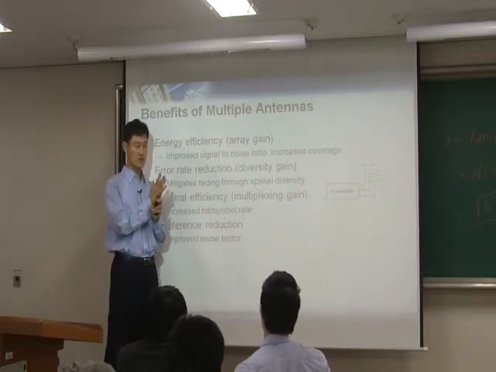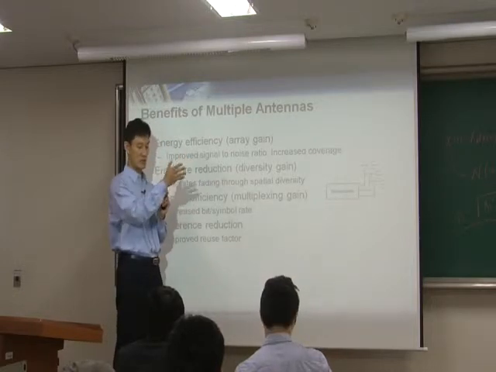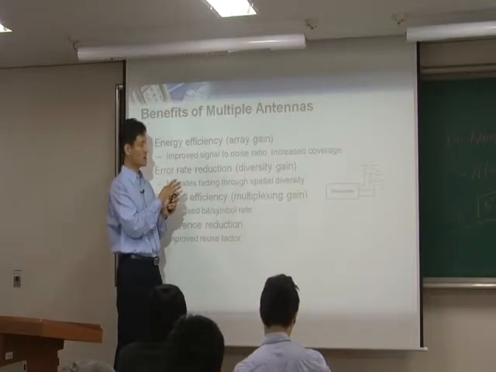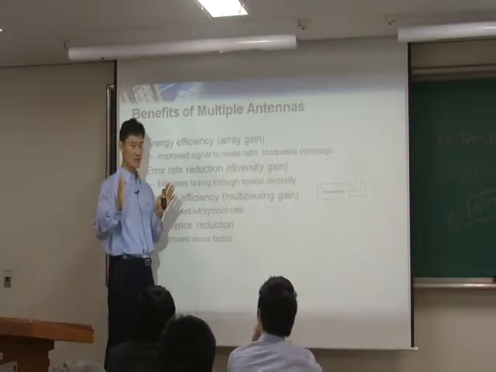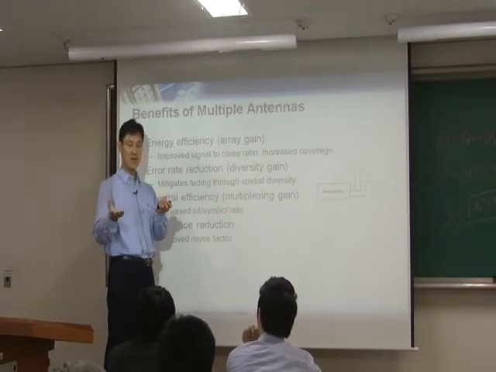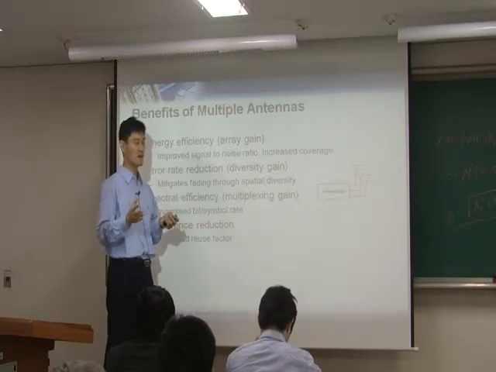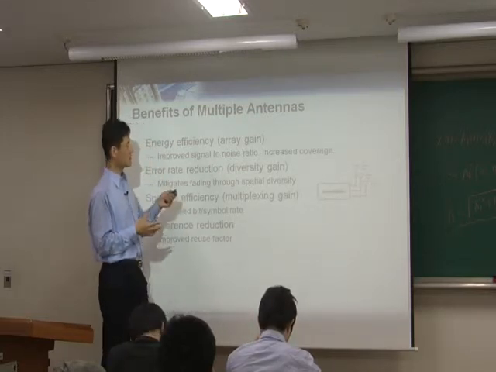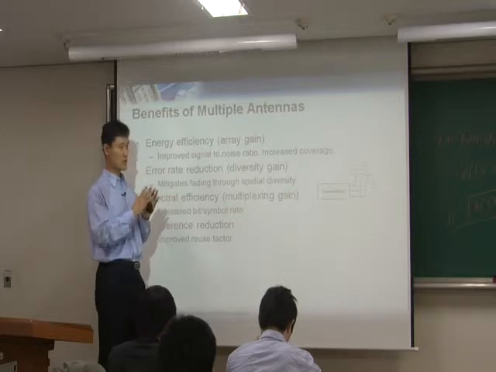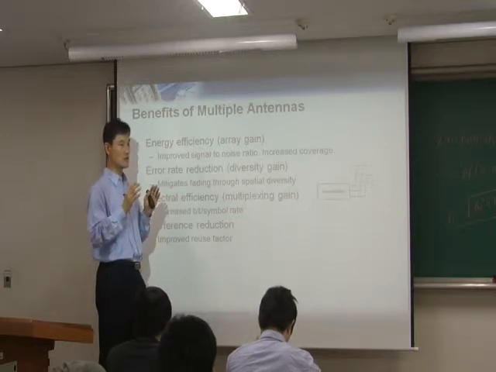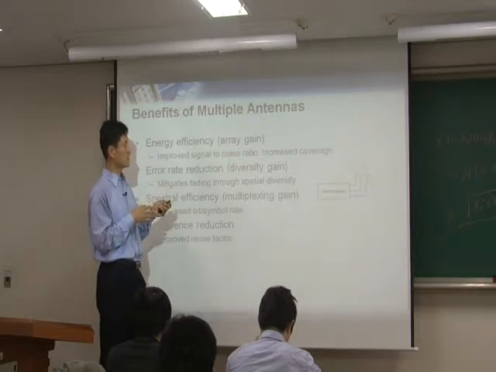Let's say you have one transmit antenna and one receive antenna. Compared to that case, if you increase the number of antennas, that will provide you some gain, right? Because you have multiple antennas, something should be better. That is array gain. When you have multiple antennas, depending on how you use them, you get the array gain.